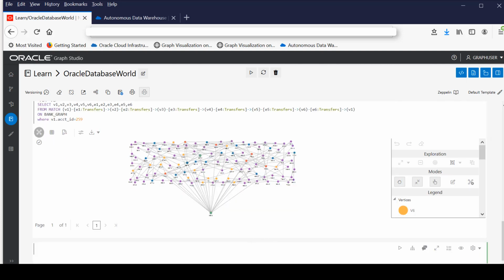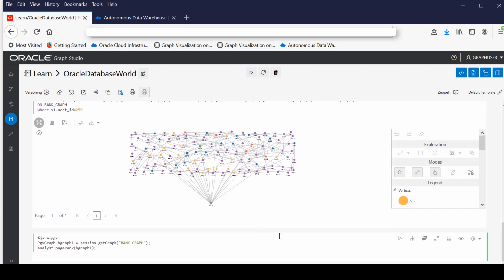And now I want to run a graph analytics algorithm, and I'm going to run the PageRank algorithm. The PageRank algorithm gives me a measure of the importance of a vertex in a graph by looking at who it's connected to. So it's not just how many vertices you're connected to, but who you're connected to.